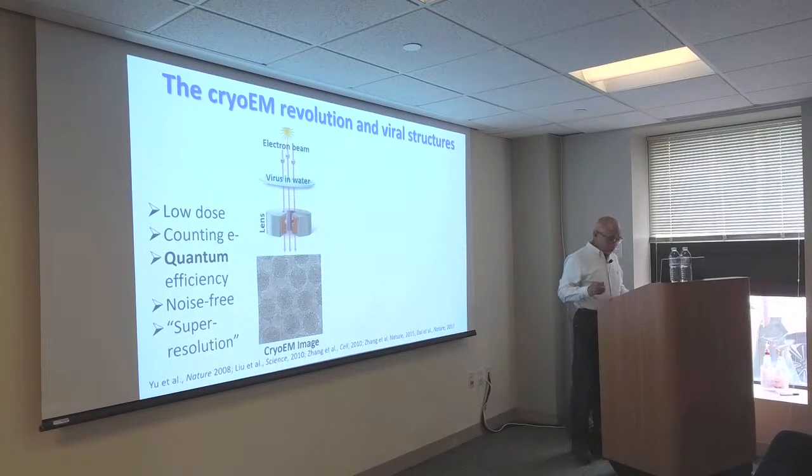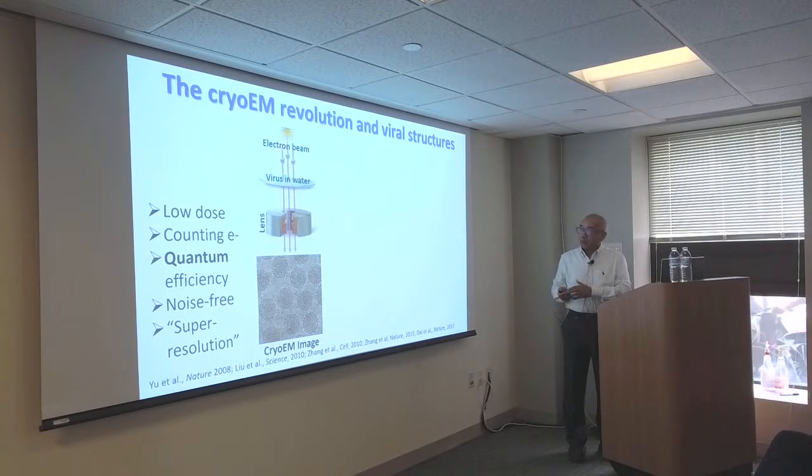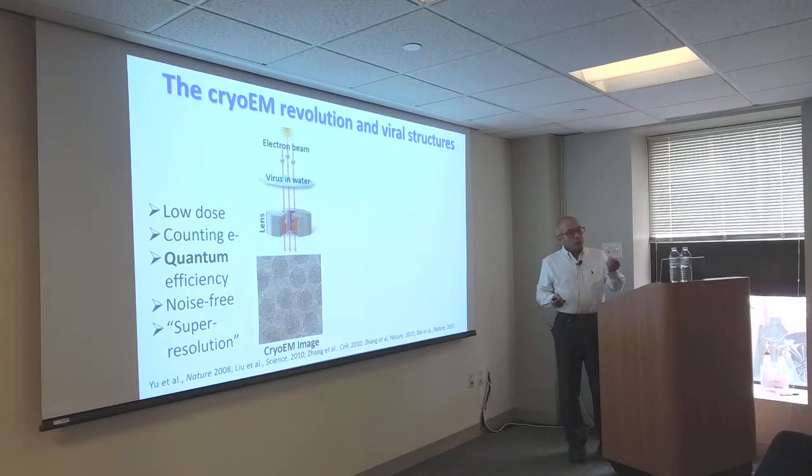Compared to traditional EM, two things are very important to keep in mind. One is what's called the counting camera, which can count electrons. Thirty years ago we recorded images on film, and that required chemistry to develop the film to have a signal.